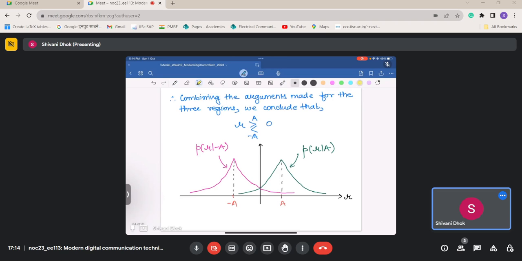Now the threshold that we have is 0. So this is our decision threshold. This is 0, our decision threshold.